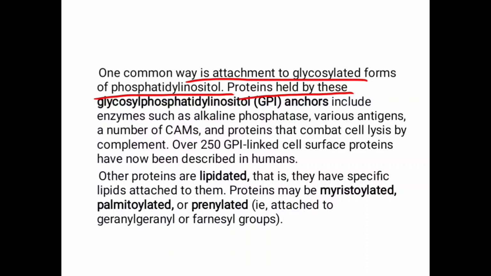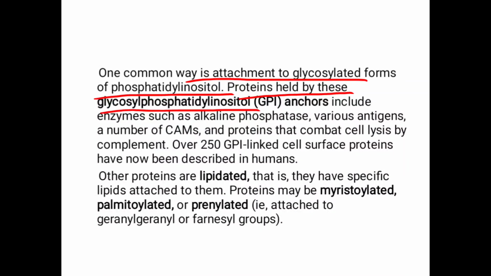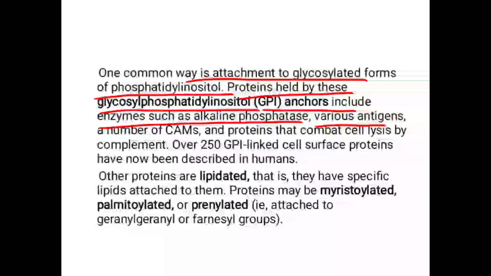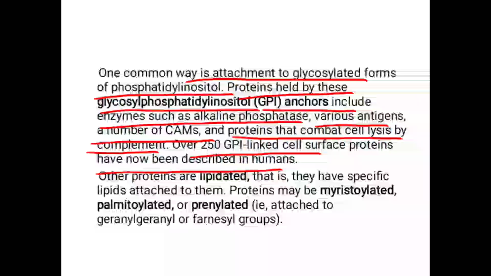The proteins held by these glycophosphatidylinositol anchors include enzymes such as alkaline phosphatase, various antigens, a number of cell adhesion molecules, and proteins that combat cell lysis by complement. Over 250 GPI-linked cell surface proteins have been described in humans.